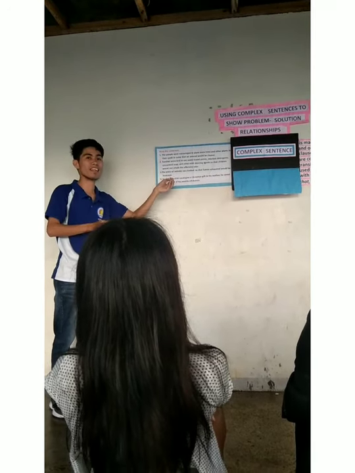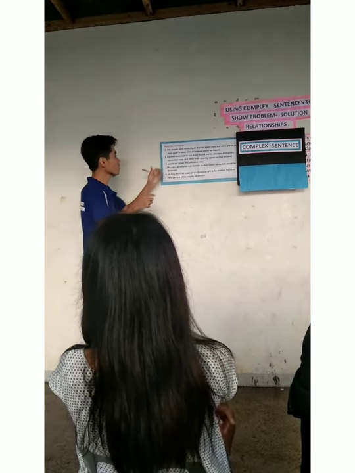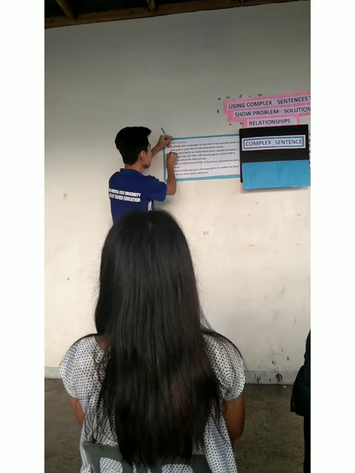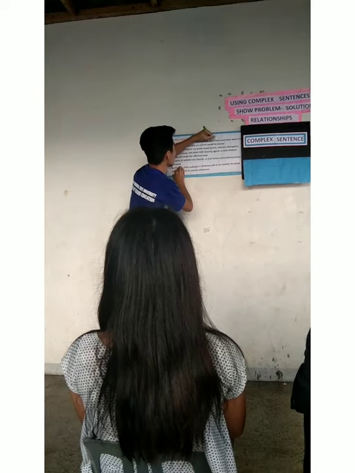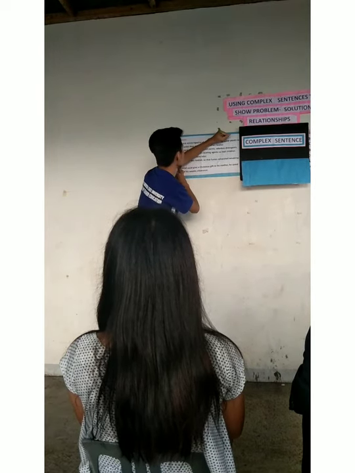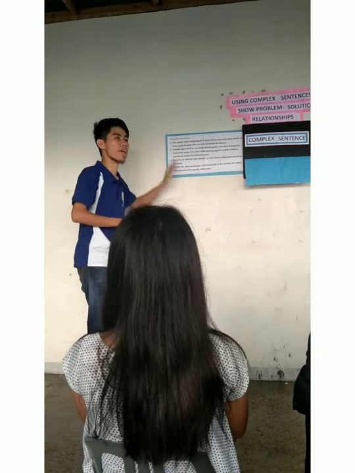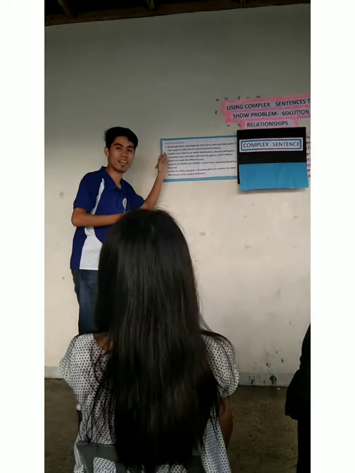Okay, now how do we know that a clause is a dependent clause and how do we know that it is independent? Here in this sentence, the independent clause is the people were encouraged to plant more trees and other plants in their yards. Now, what makes this clause an independent clause?